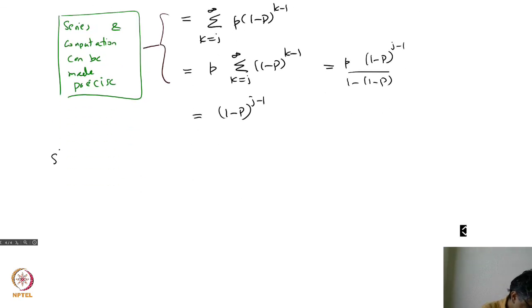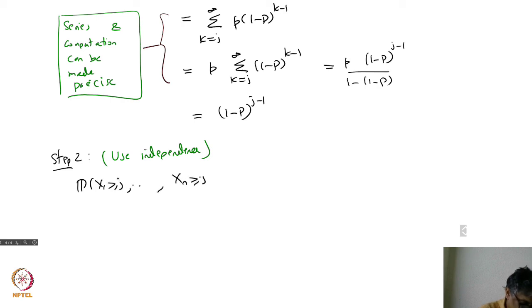So now step 2, you have to use independence. What do you do here? You want the chance that x1 is bigger than or equal to j, up to xn bigger than or equal to j.